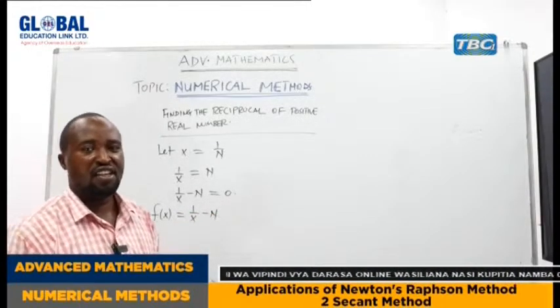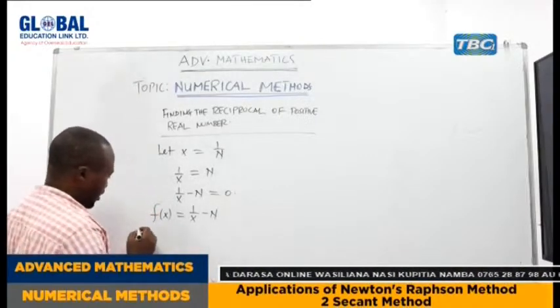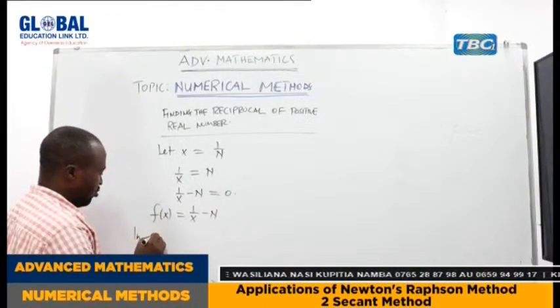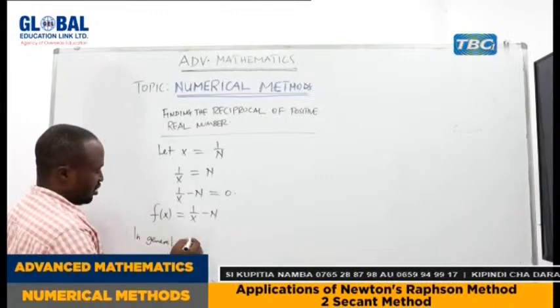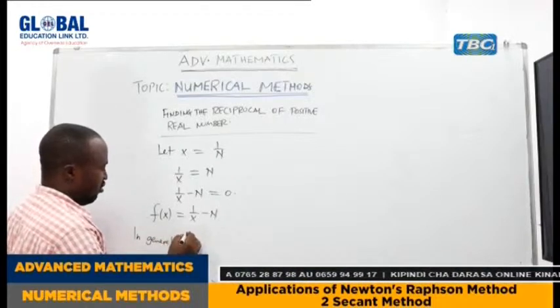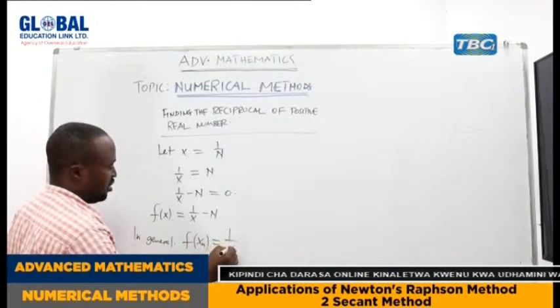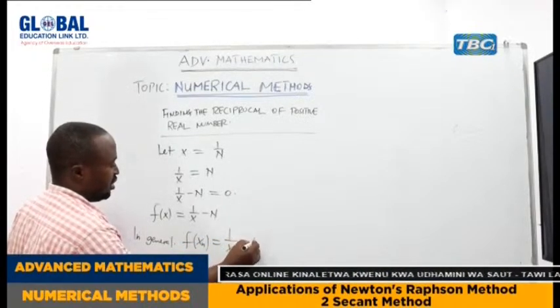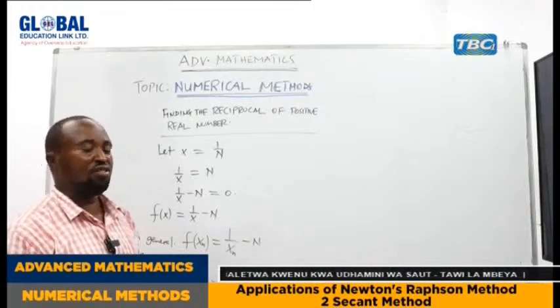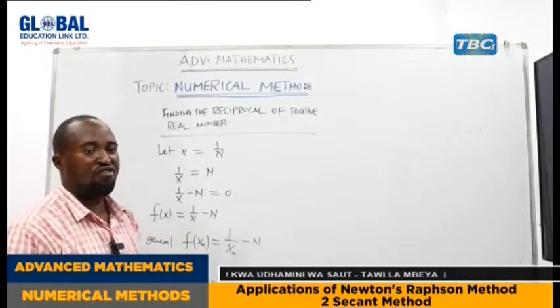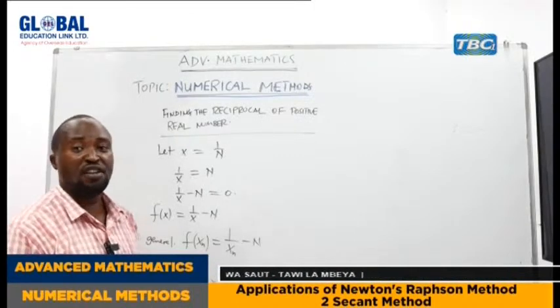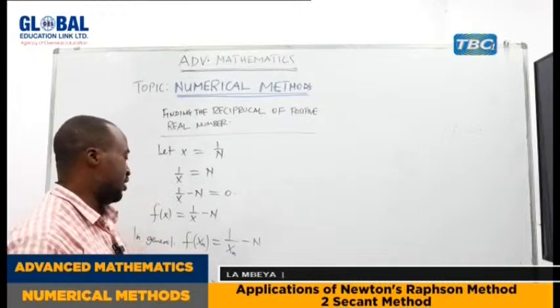But in general, we can write this as f of xn is equal to 1 over xn minus n. So this is our general function for finding the reciprocal of the given positive real number.